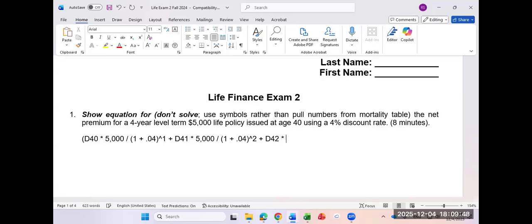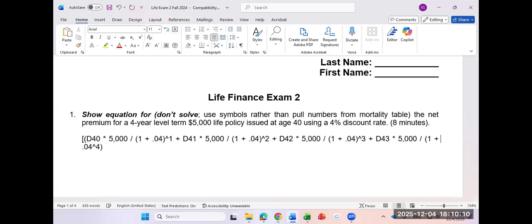D42 times 5,000 divided by 1 plus 0.04 raised to the 3, plus D43 times 5,000. So there's your numerator.